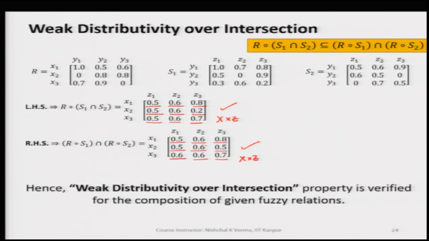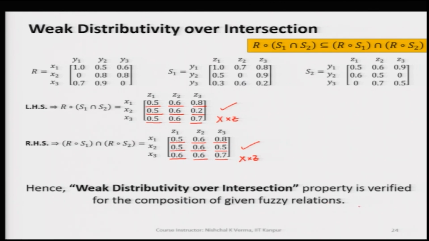So, that means here we can say that the composition of R and the intersection of S1 and S2 is a subset of the intersection of R composition S1 and R composition S2.